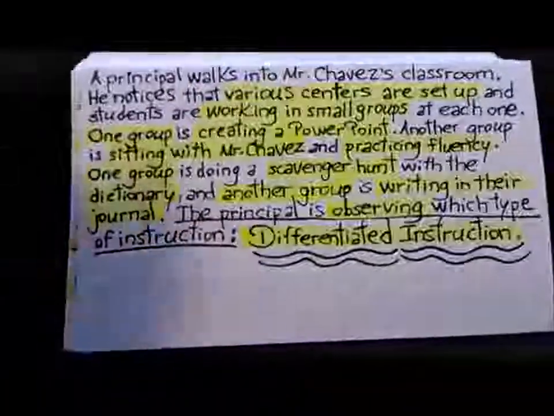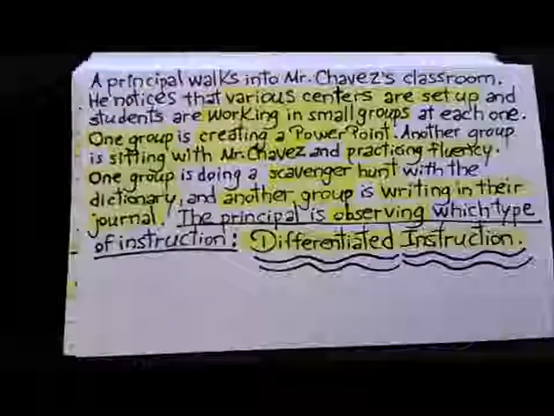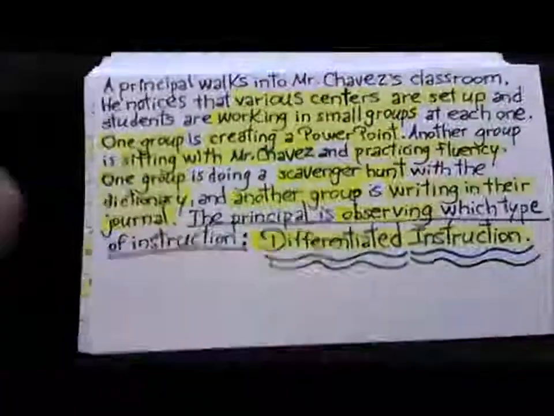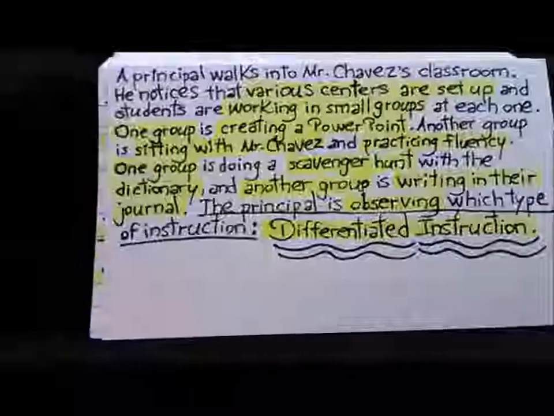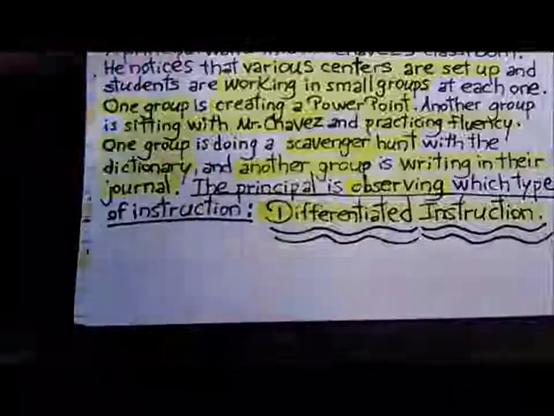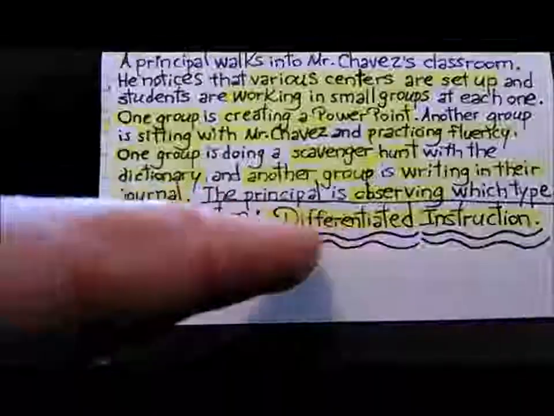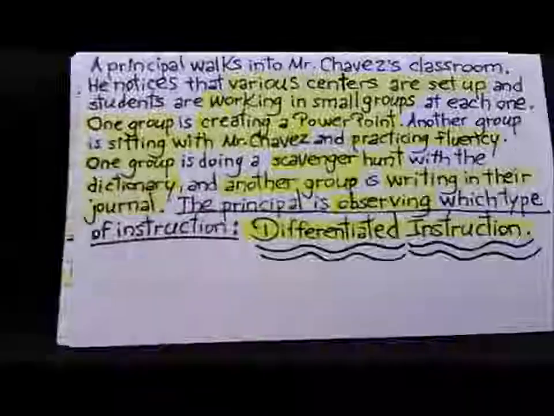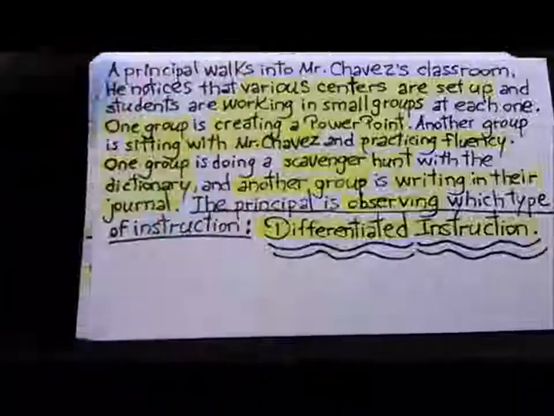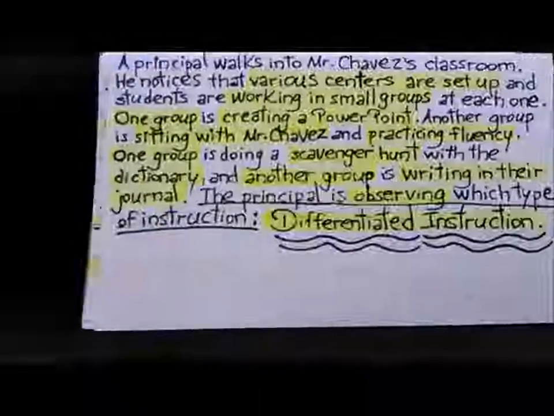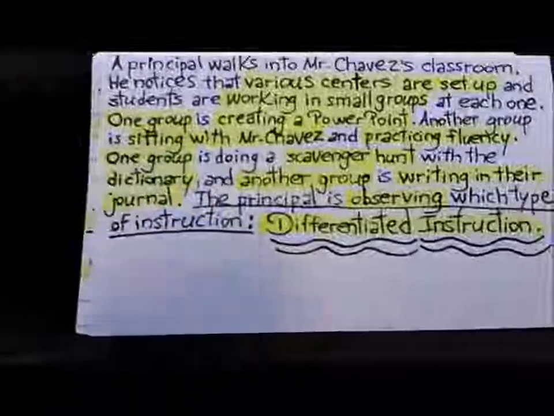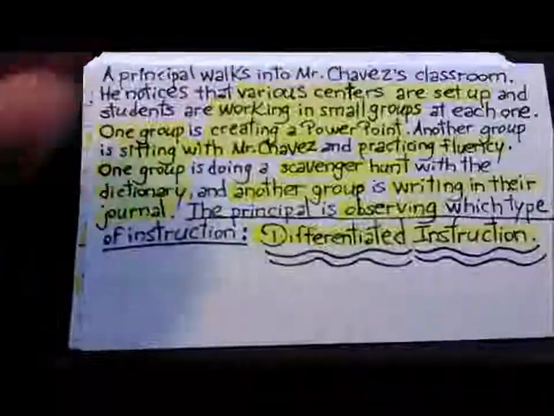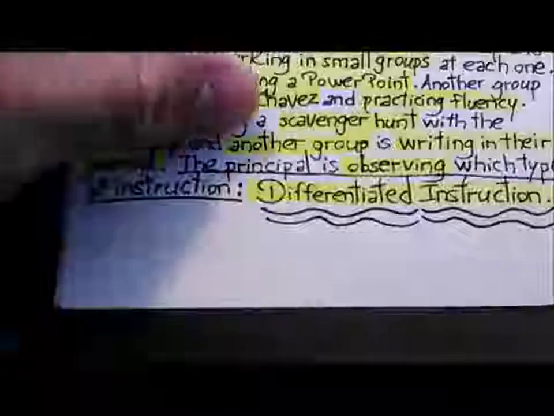Students are doing many different things in the classroom. One with the PowerPoint, another one practicing fluency, the other ones are doing scavenger hunts. Well, all those things are differentiated instruction because the teacher is using a variety of strategies to teach students the same concept so they grasp it.